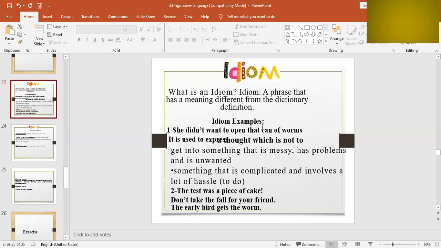In English, she did not want to open that can of worms. Worms, you know, are very small animals.